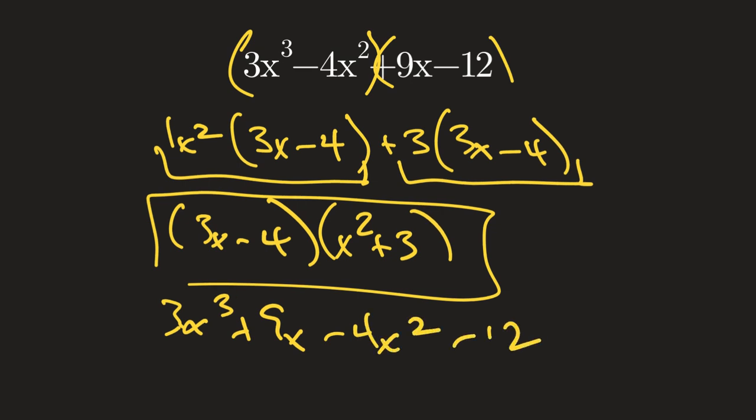Now, it's a little different order, but we can rearrange that, right? There's my 3x cubed. There's my negative 4x squared. There's my 9x. There's my negative 12. And that's exactly what you would do if you wanted to check it yourself. It's just a redistribution. Guys, that's all this factoring business is. It's putting things back into that multiplicative look that's going to generate these expressions.